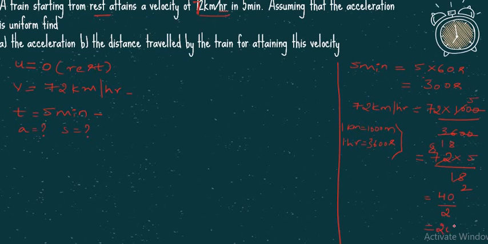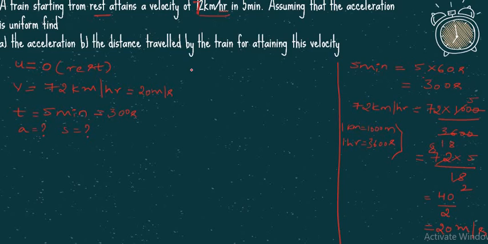I have converted that into 20 meter per second. So I will take this as 20 meter per second and this as 300 seconds. Now I have converted time in terms of seconds and the velocity in terms of meter per second.